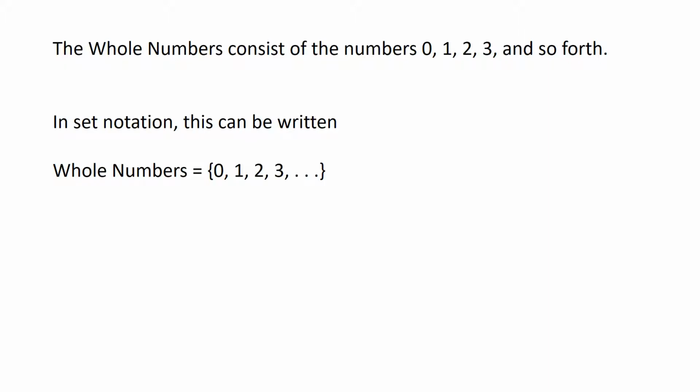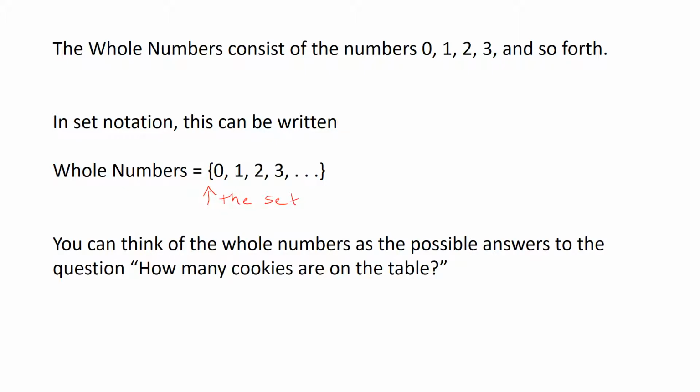So in set notation, this could be written as the whole numbers, or the set, of 0, 1, 2, 3, etc. Especially when you're talking with younger kids, you can think of the whole number as the possible answer to how many cookies are on this table.